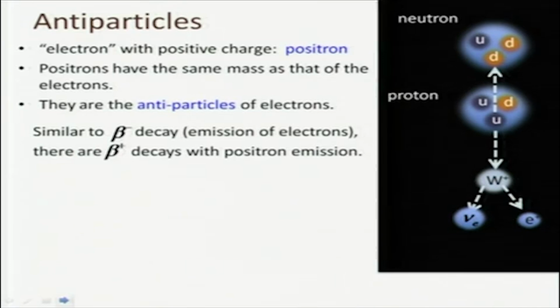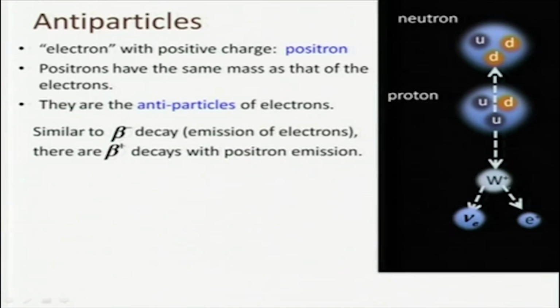Proton has positive charge of 1 unit initially and neutron is neutral, W plus has 1 unit of positive charge. So, that is conserved. Or if you look at the quark level, a u quark from a proton is converted into a d quark. So initially you have 2 u quarks and 1 d quark, and finally, you have 1 u quark and 2 d quarks.